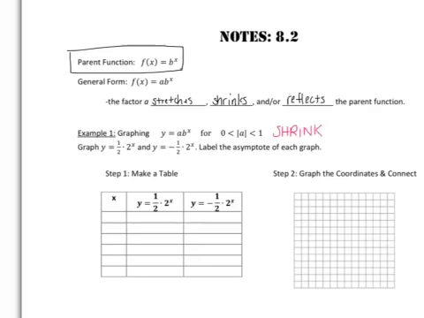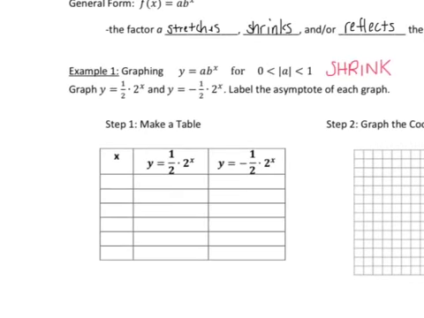We're actually going to graph 2 of them at the same time so that we can see the reflection as well. So we'll graph this one with a positive 1/2 for a, and then this one with a negative 1/2 for a. And the x's we're going to plug in, let's start at -2, and we're going to go all the way up to 3.